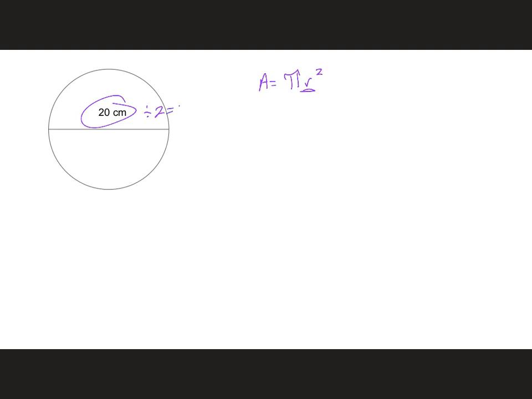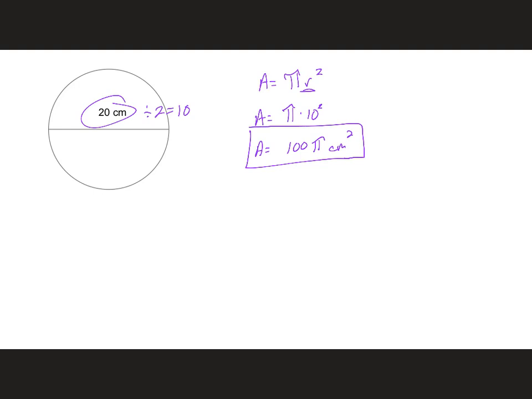That leaves me with a radius of 10. So now I have pi times 10 squared, and that's going to give me 100 pi centimeters squared.